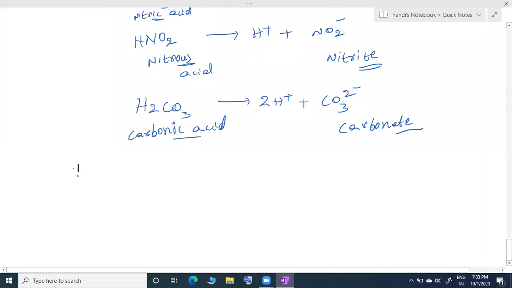Next, base we can write. Here, the substance that releases OH minus ion when dissolved in water. You can write according to Arrhenius theory. Arrhenius is the scientist's name.